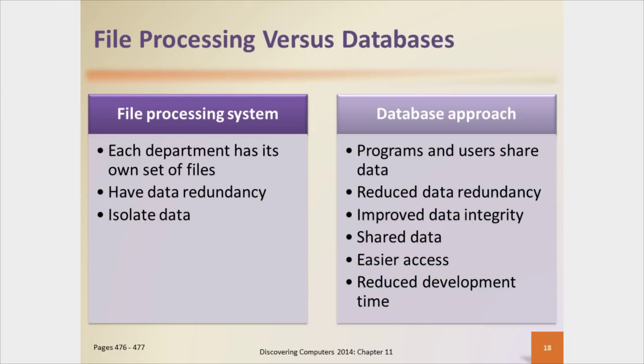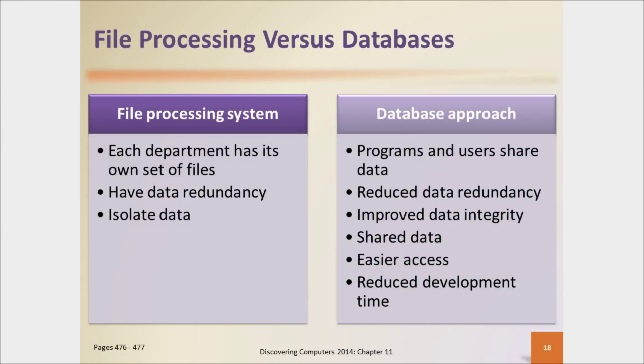Now, the downside to the traditional file processing system approach is that it tends to have a data redundancy issue. In other words, we have the same information represented in multiple places. So think about an organization such as the university where you have a student that works for the university, but you also have a student that is taking their classes.